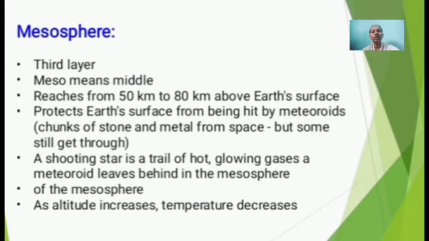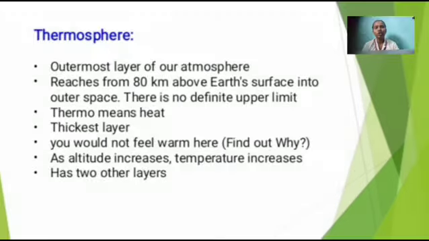These bright trails are actually hot, glowing gases left behind by burning meteoroids. Unlike the stratosphere, here the temperature decreases with altitude, making the mesosphere the coldest layer of the atmosphere.